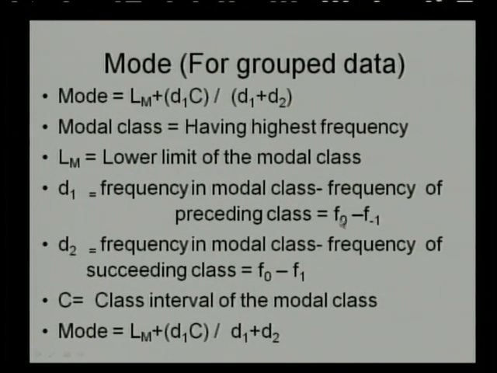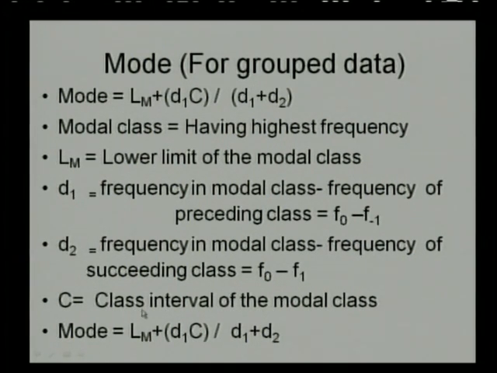F0 is the highest frequency and F minus 1 is the frequency of the class preceding the modal class. એટલે કે એની પહેલાના ક્લાસની ફ્રીક્વન્સી આવશે. એટલે બે વચ્ચેનો તફાવત, લાર્જેસ્ટ ફ્રીક્વન્સી અને એની પહેલાના ક્લાસની ફ્રીક્વન્સી, એને આપણે D1 કહીએ. અને D2 એટલે લાર્જેસ્ટ ફ્રીક્વન્સી અને એના પછીના ક્લાસની ફ્રીક્વન્સી, એને આપણે D2 કહીએ છીએ.